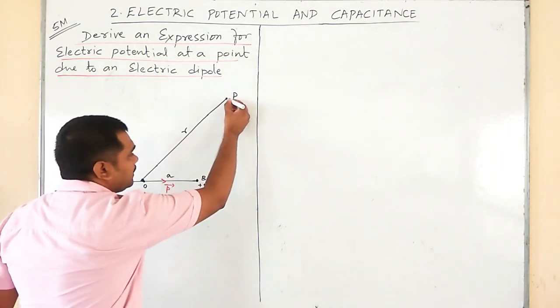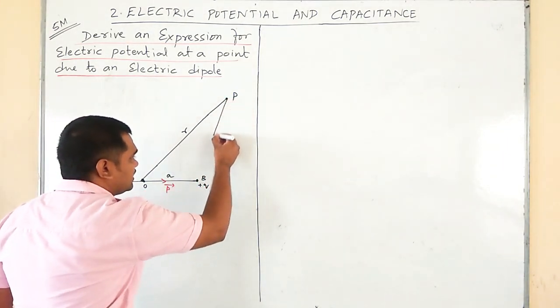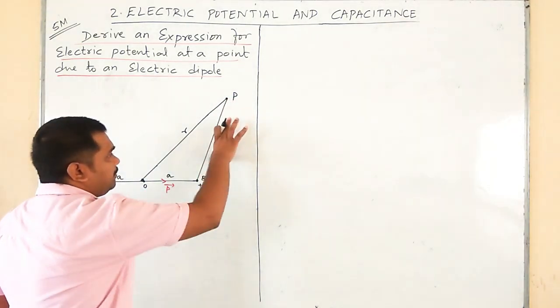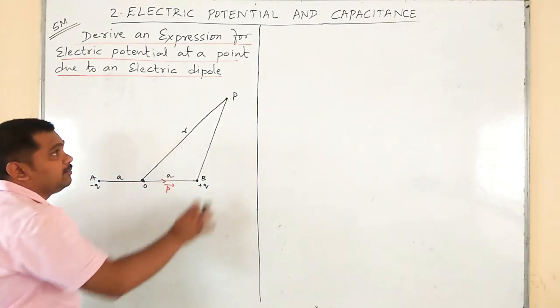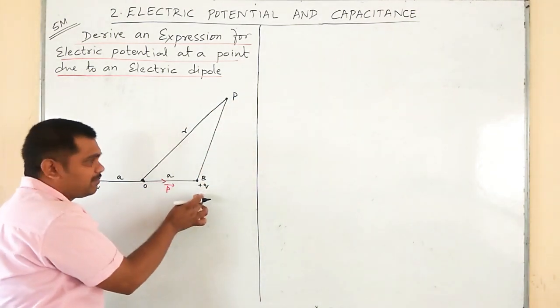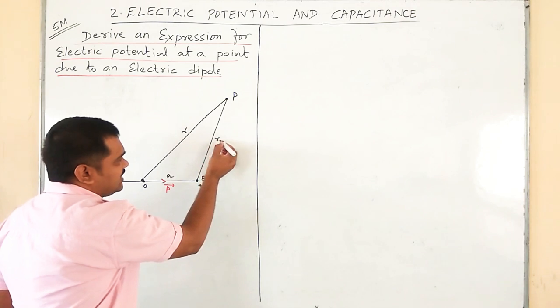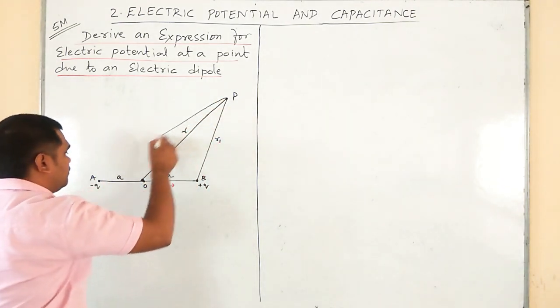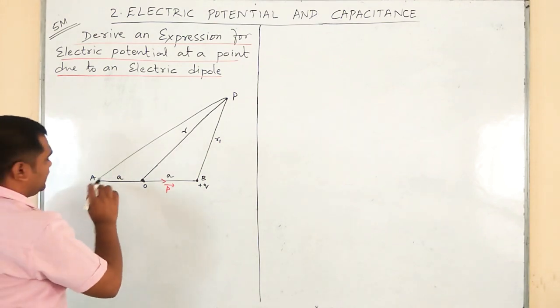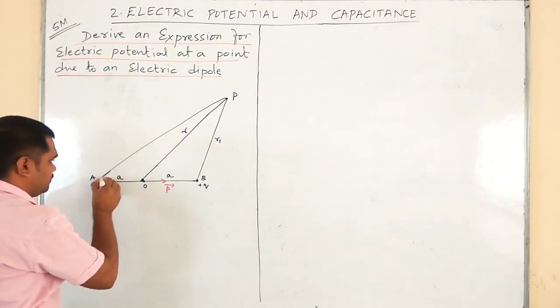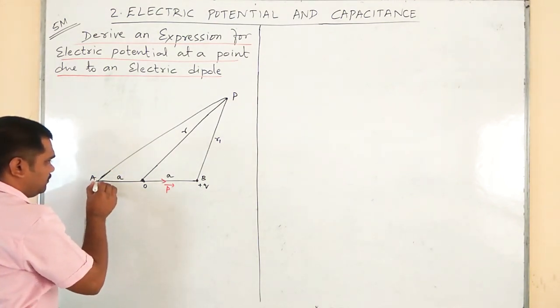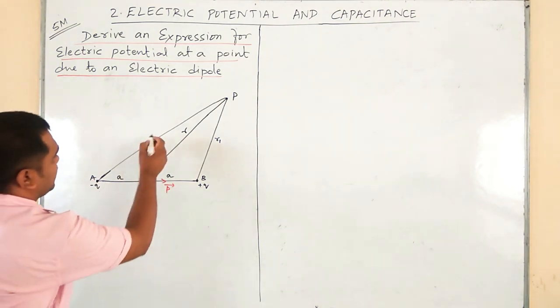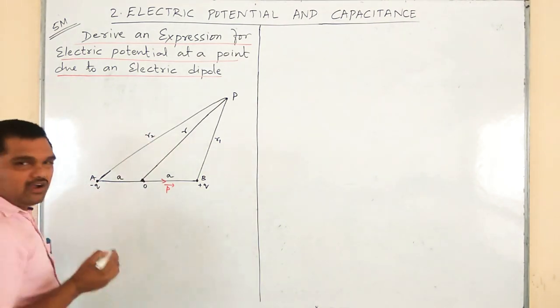Okay. Similarly, let us consider BP as the distance between the point and the positive charge. You can call this R1. Similarly here, you can call this distance R2.